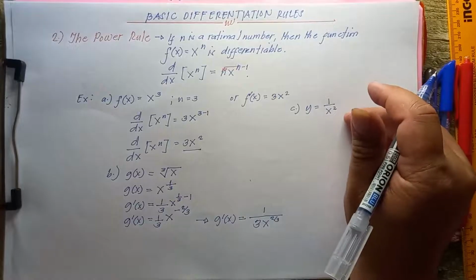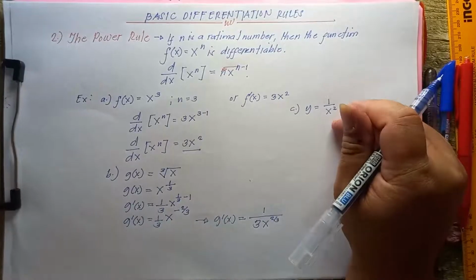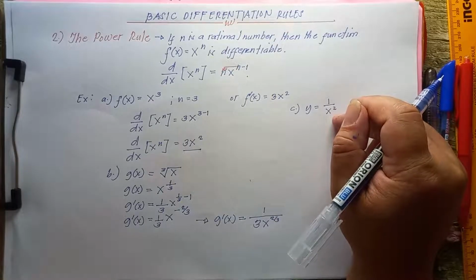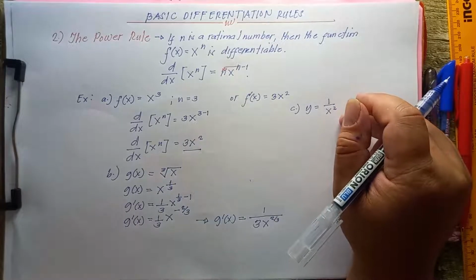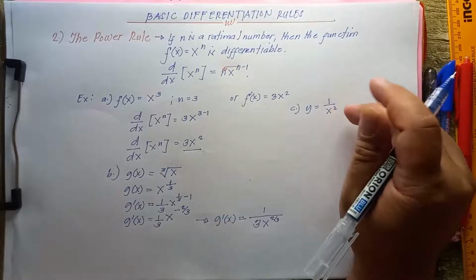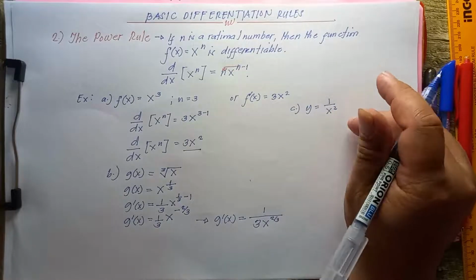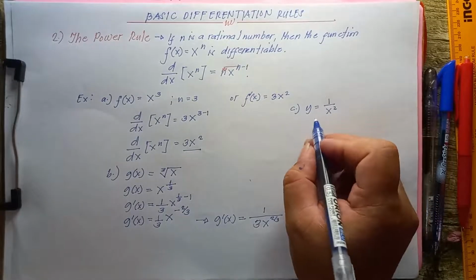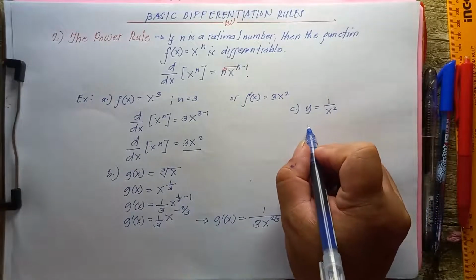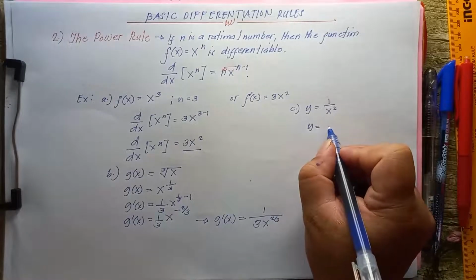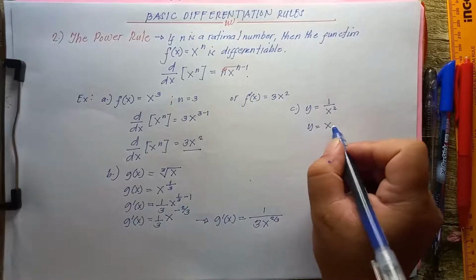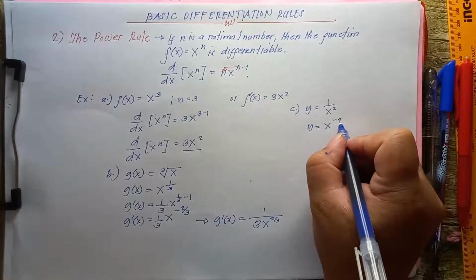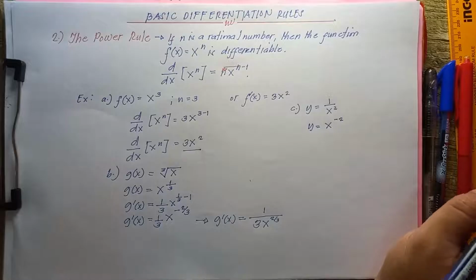Again, see to it that our rational expression will be converted into a whole number, so there will be a movement. This can be written as y is equal to x raised to negative 2.